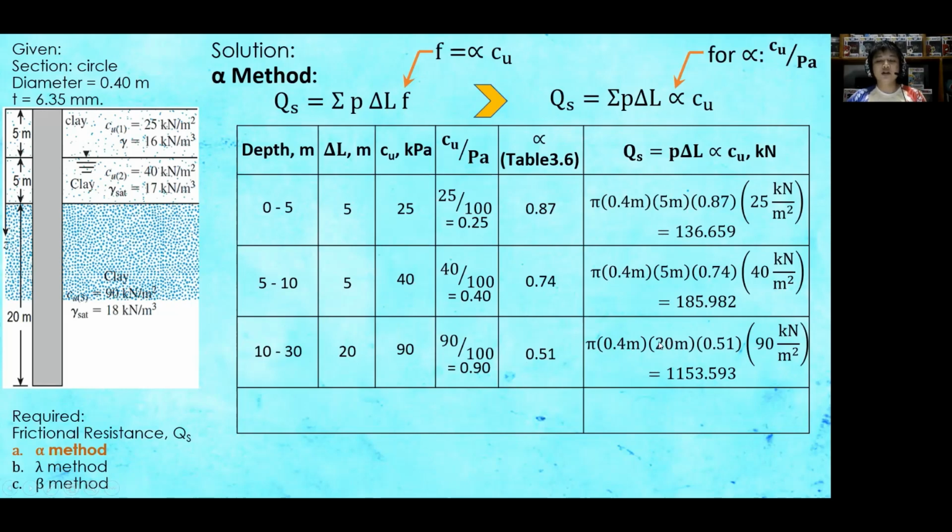Thus, for the component QS, it is equal to 1,153.593 kilonewtons. So for the total value of Q sub S, we need to sum all components QS, then QS is equal to 1,476.234 kilonewtons.